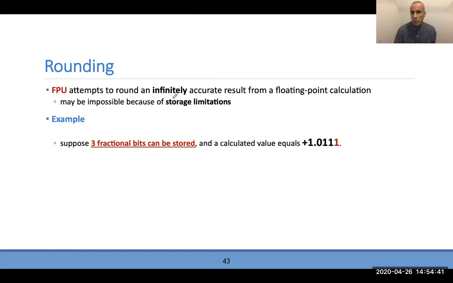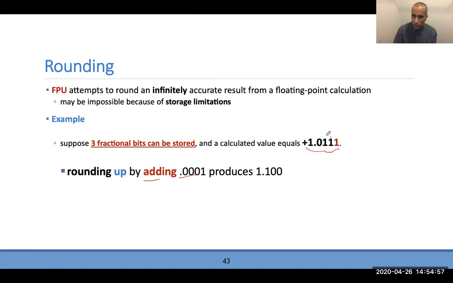If floating point attempts to round a number, the one technique that you can use right here is this technique, right? So you're just gonna add, okay? So you can do rounding by adding, okay? So if you add 1 to this number right here, that means you only need to round to 3 digits because of the limitation of the hardware, right? So if we want to do this, then we're just going to add 1 to this number.